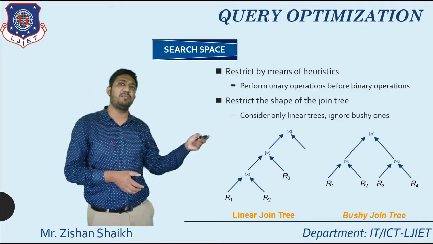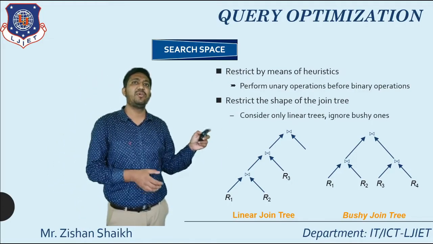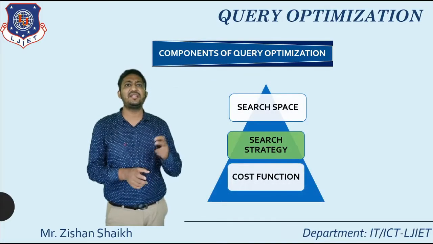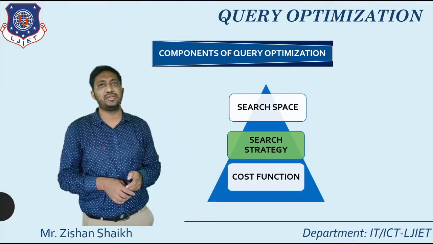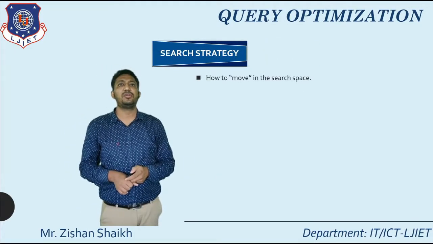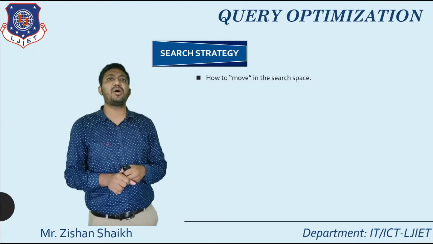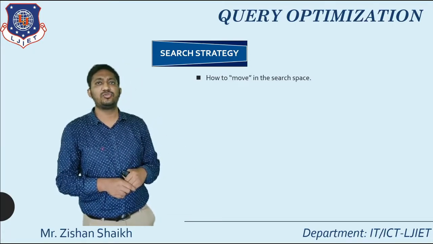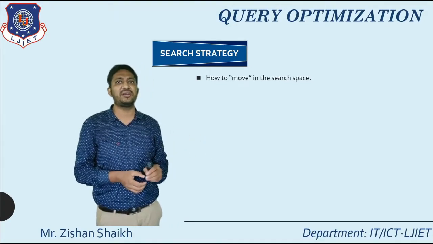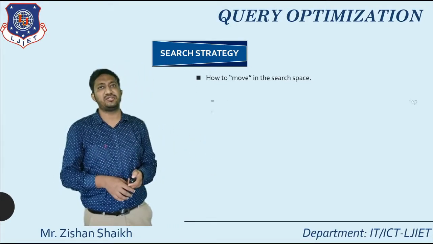Now which alternative plan will be useful will be decided by the second step. That step is all about search strategy. So let's learn how the search strategy will be useful. Search strategy is about how to move in the search space. So how exactly the search space will be executed by the query processor will be a part of search strategy.